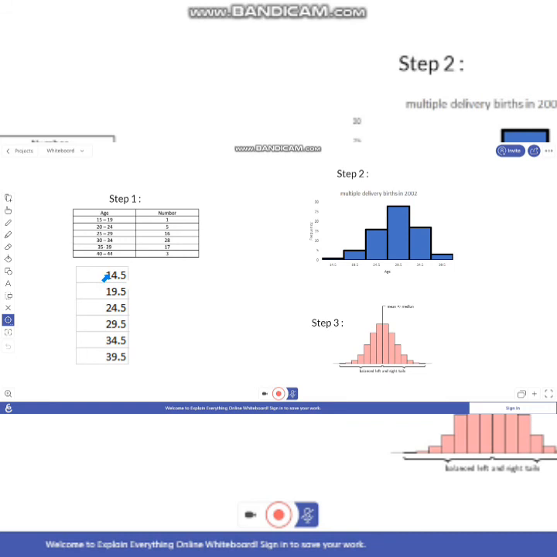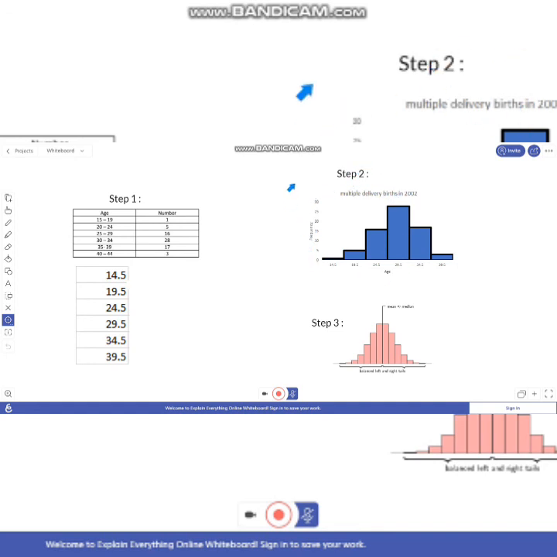Based on these numbers, I laid them out on a graph. On the horizontal axis, I laid out the age, which we calculated just now: 14.5, 19.5, 24.5 and so on. And on the vertical axis, we have the frequency, 0, 5 until 30.